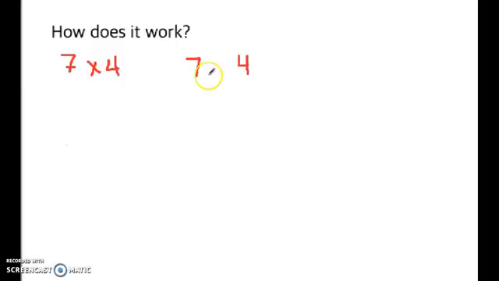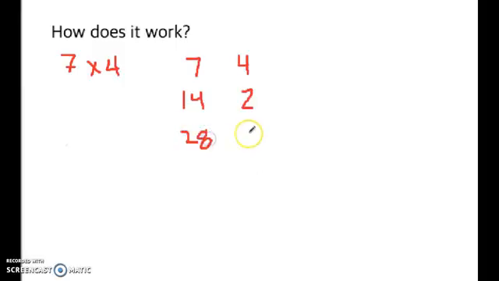So we multiply our 7 times 2, which is 14. Then we divide our 4 by 2, and we get 2. Then we multiply our 14 by 2, we get 28.